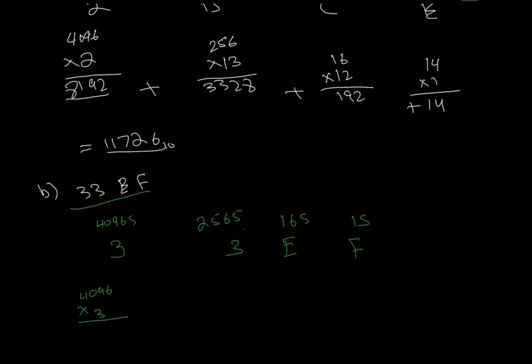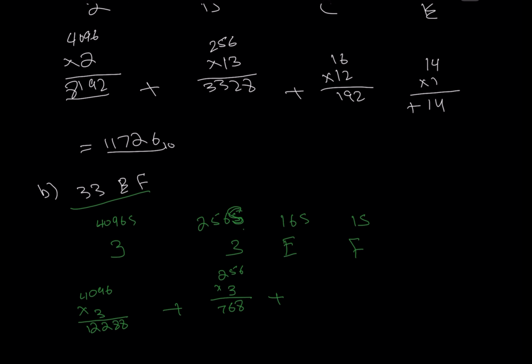It will be 12,288 plus. So you have 3 times 256. 3 times 256 will give me 768. 3 times 6 is 18. 1 will go there. 3 times 5 is 15 and 1, 16. 3 times 2 is 6. 6 and 1, 7.